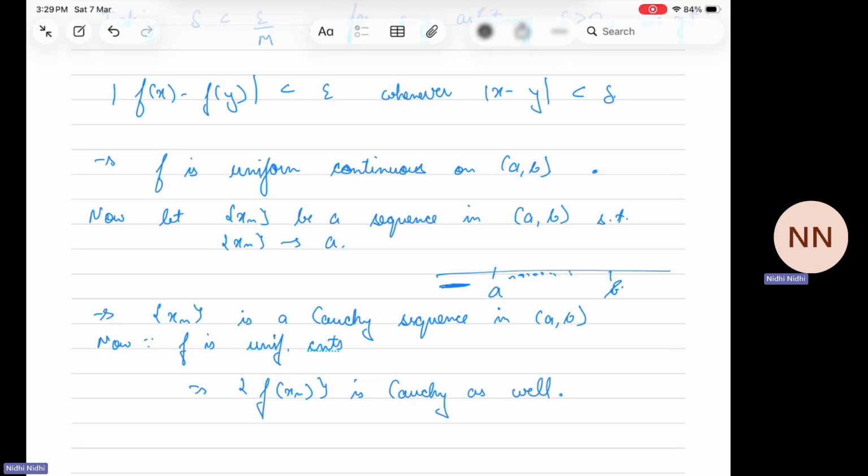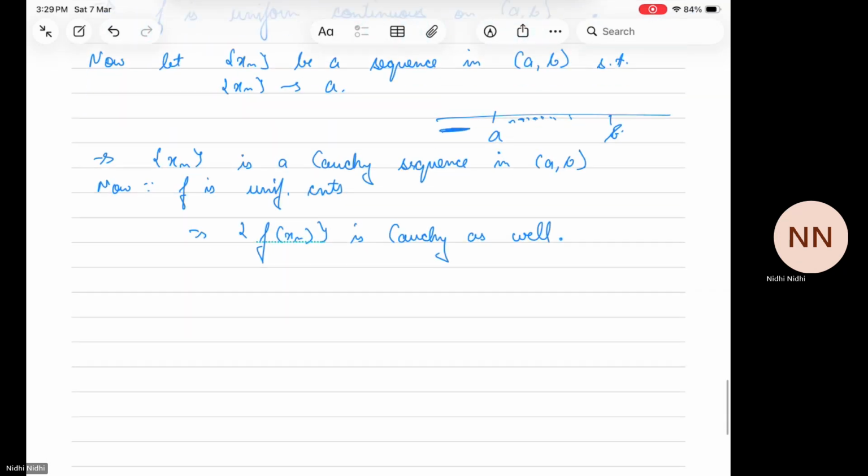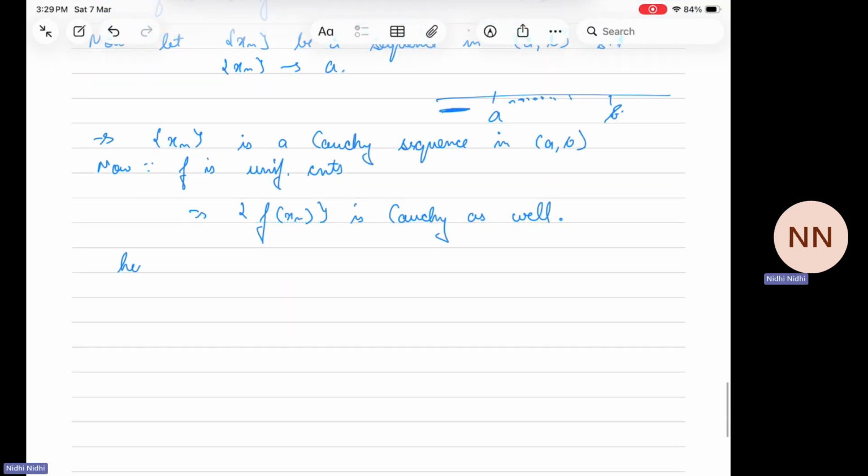And since we are in the set of real numbers, we all know that every Cauchy sequence is convergent. Hence, there exists some real number L such that this sequence f(x_n) converges to L.